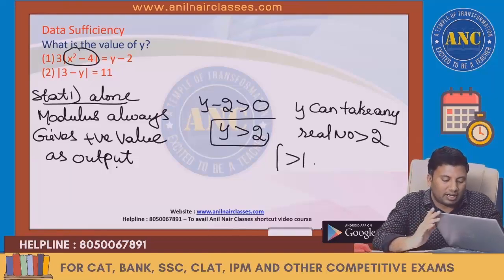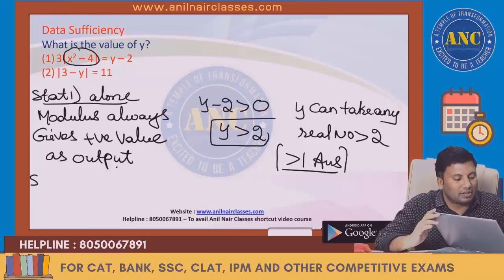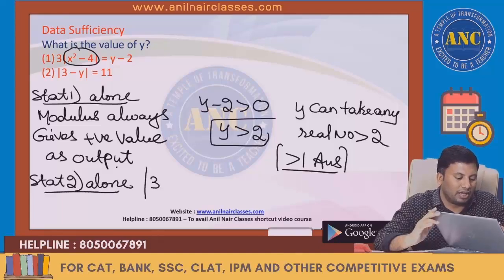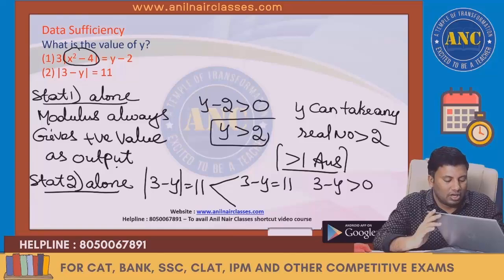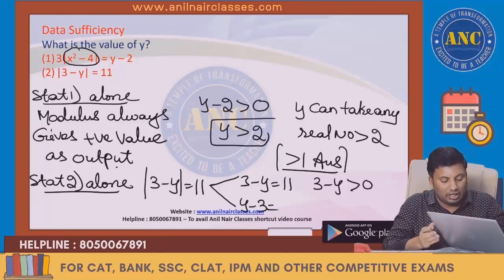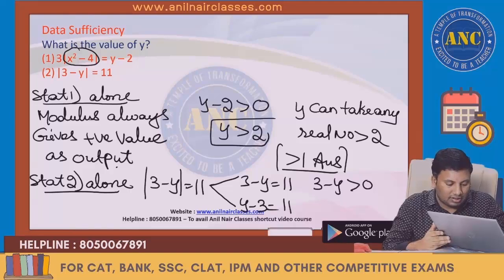More than one answer I got. Statement 2 alone: mod 3 minus y equivalent to 11. Again, two conditions. Mod 3 minus y is 3 minus y if 3 minus y is greater than 0, and it is equivalent to y minus 3 if 3 minus y is less than 0.